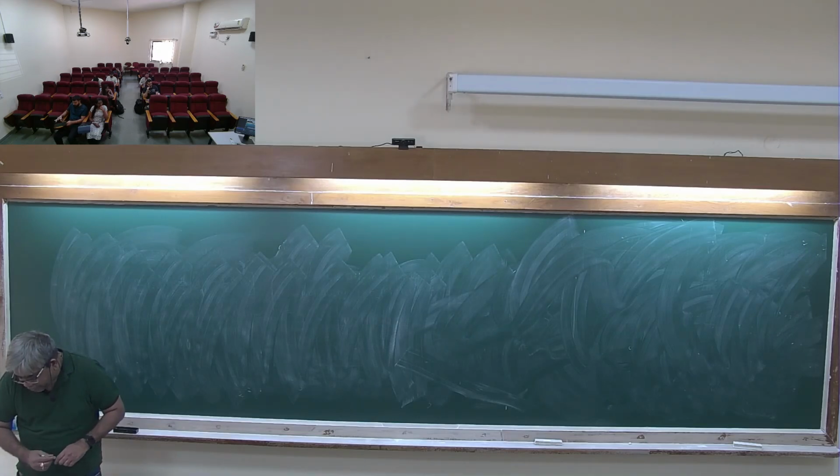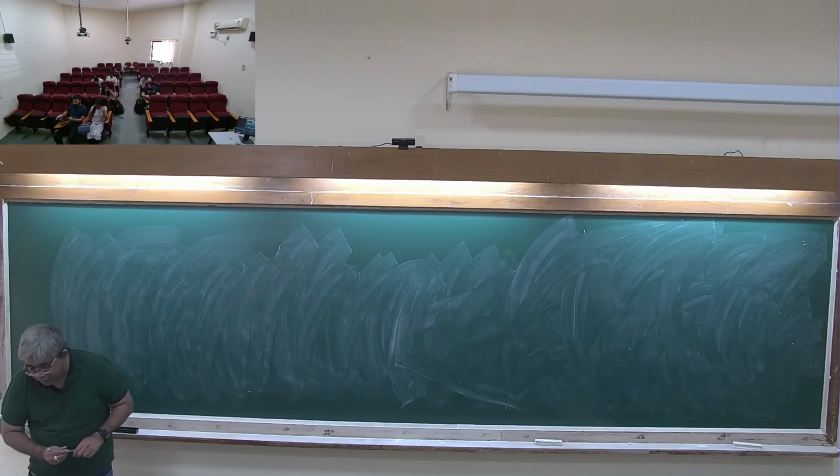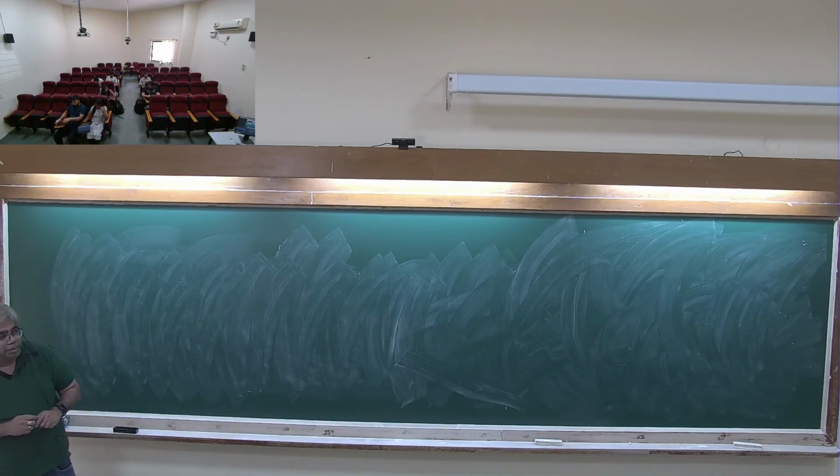So I am already in module 4, whereas I didn't do module 3. Module 3 I'll come back to a little bit later. I mentioned briefly the decoupling theorem, saying that if you have heavy particles in the loop, it should decouple.